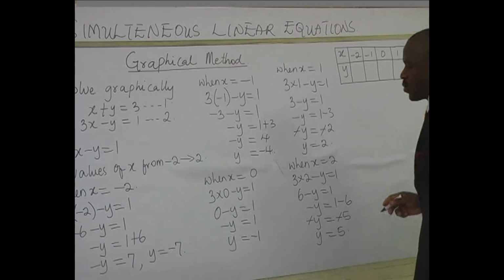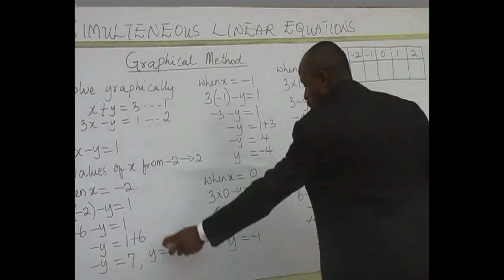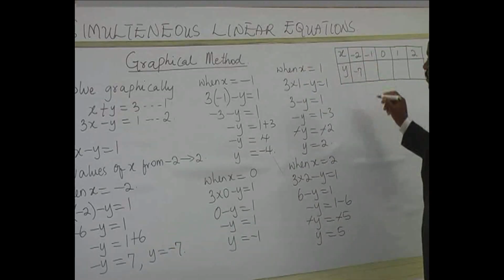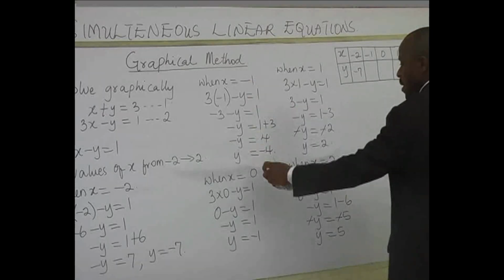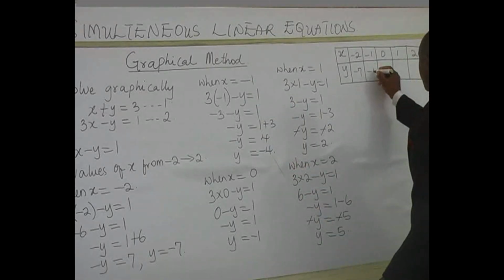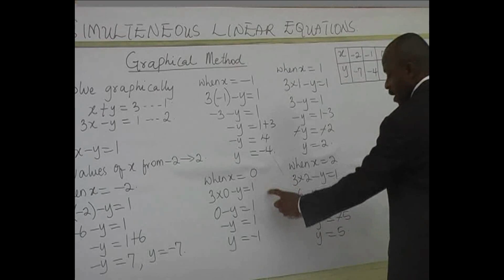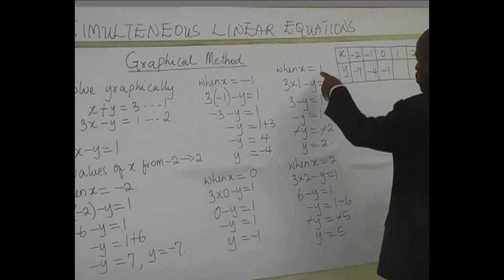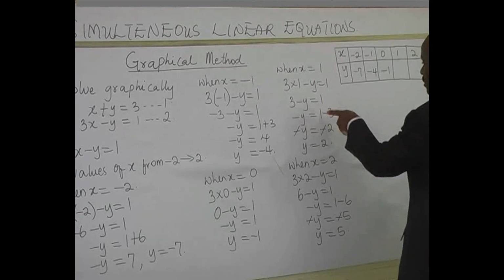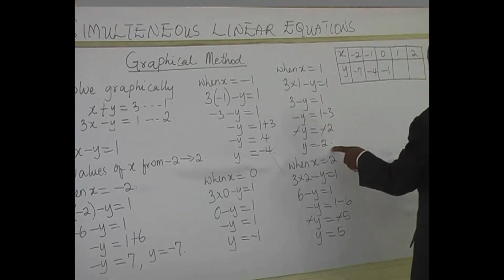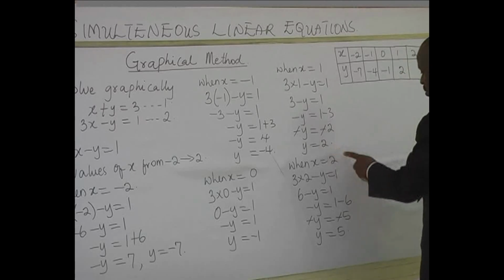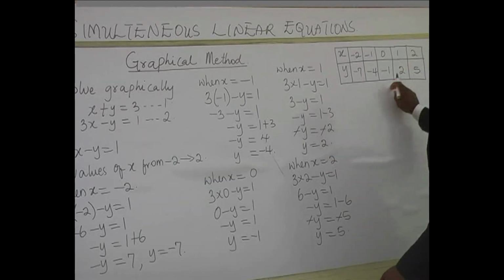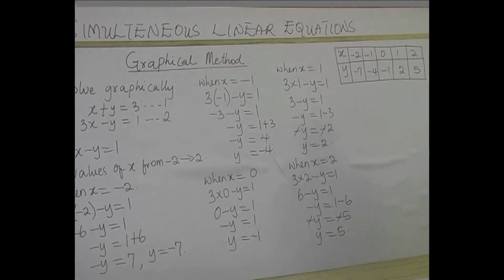So we calculated that when x was minus 2, y was minus 7. So we have minus 7. When x was minus 1, y was minus 4. So we have minus 4. When x was 0, y was minus 1. When x was 1, y was 2. And the last one, when x was 2, y was 5. So this is the table of values for the second equation.